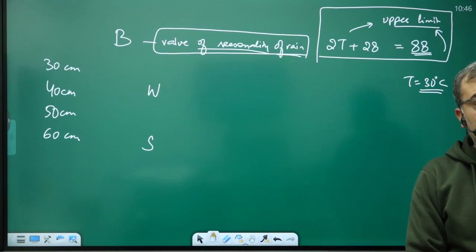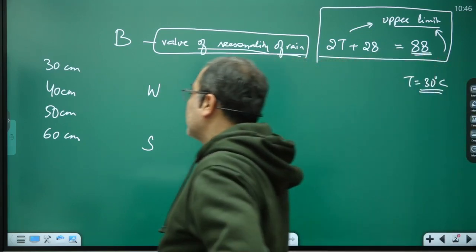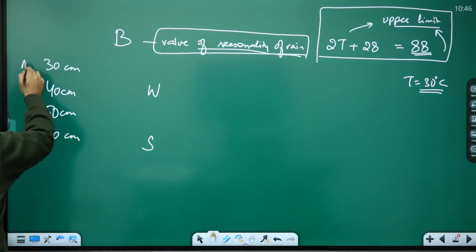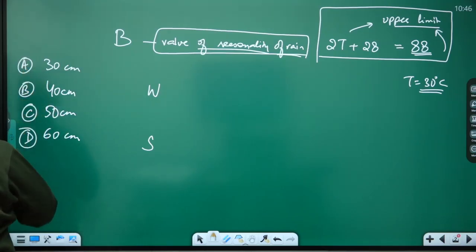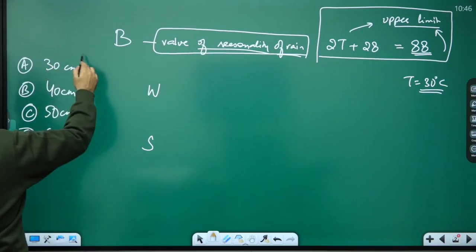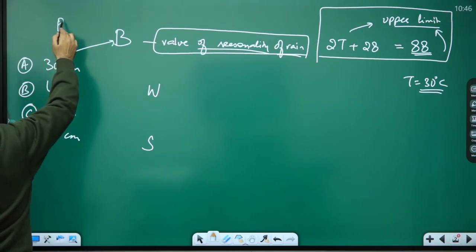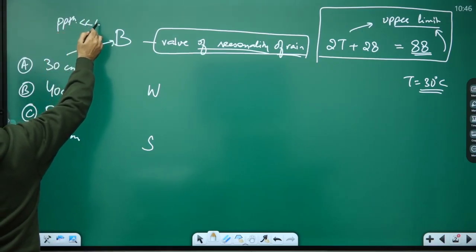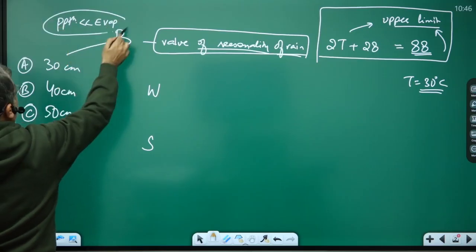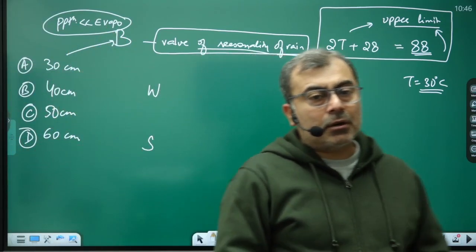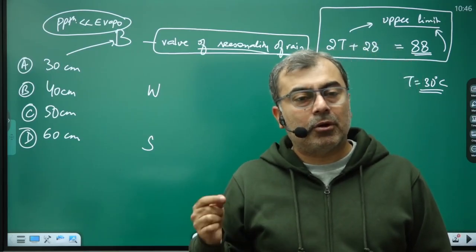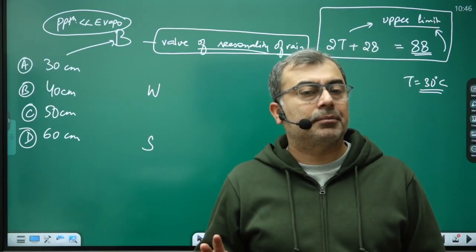So in this area, there are stations A, B, C, and D. In all these areas, precipitation is less than evapotranspiration. Is everyone okay? First understand the problem. There are 4 stations that gave me rainfall of 30, 40, 50, 60.